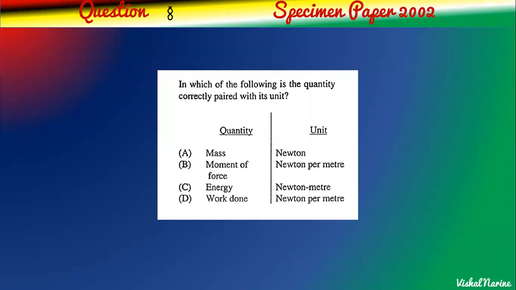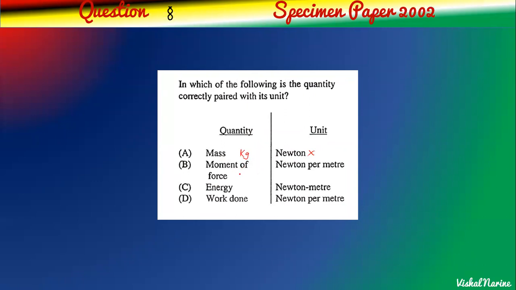All right, so I'm seeing a few persons thinking that it is B. So let me just go through the responses together. A is wrong because mass is in kilograms. All right, so this is wrong.